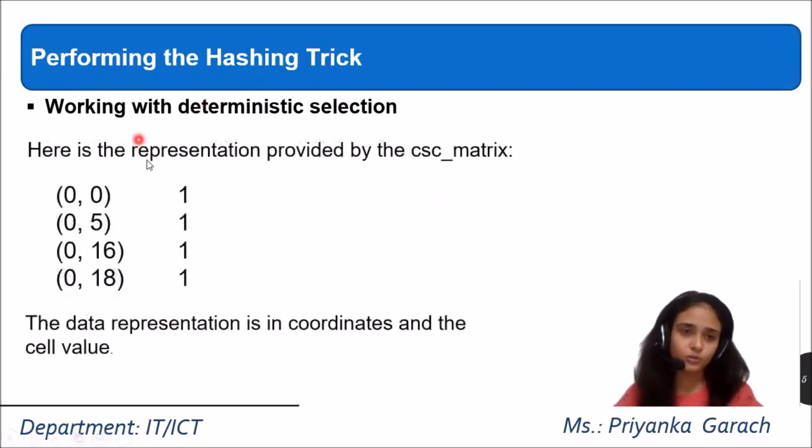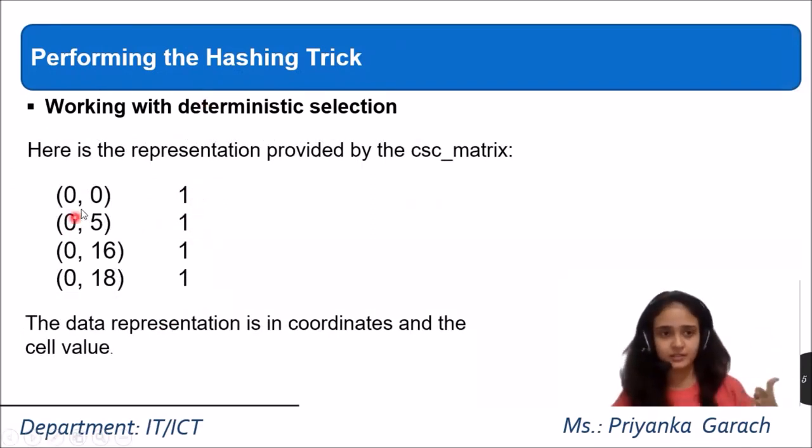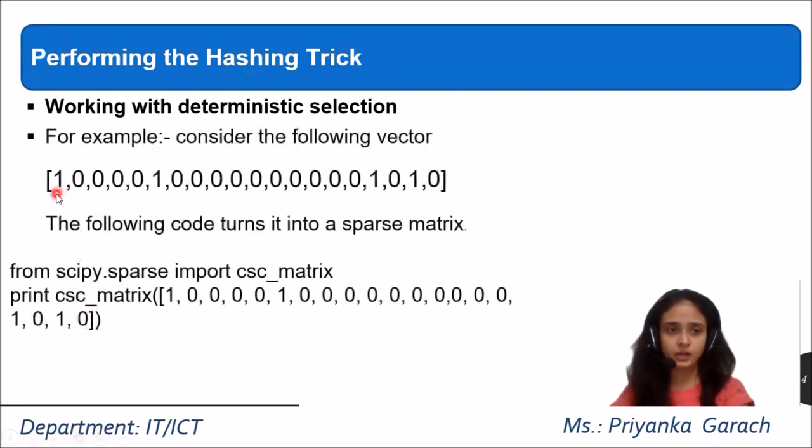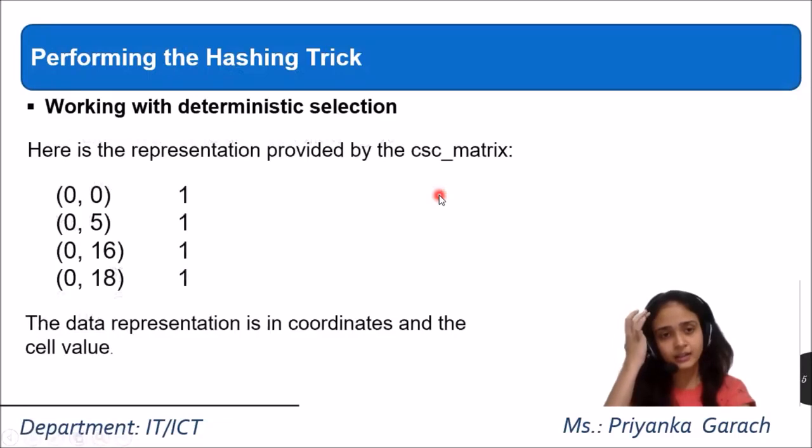This output shows where my 1 is present, and the coordinates show its position. How many ones are there in my vector? You can count 1, 2, 3, 4. A total of 4 ones are there, and in the output you can see 4 different entries.